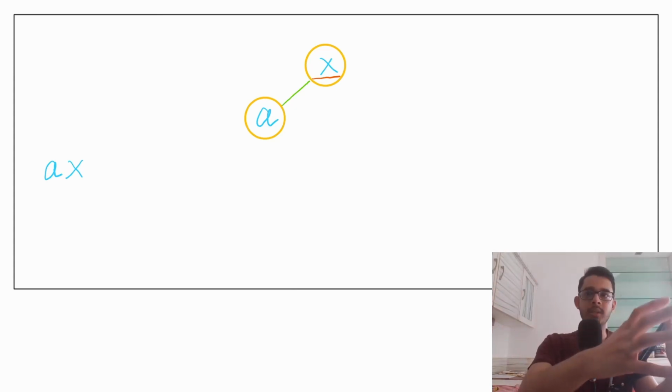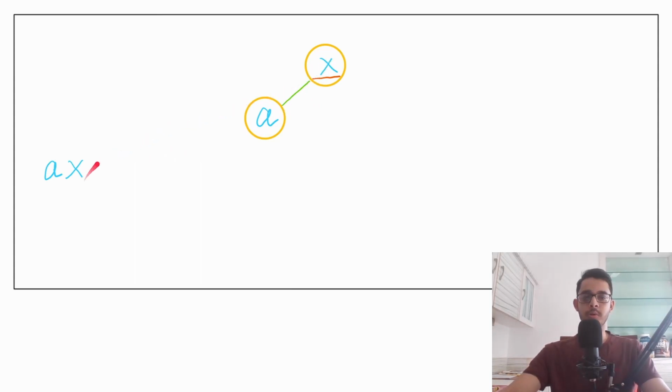And now we want X to follow it. And so we'll make X a child of A. Now X also marks the end of this particular word. So we'll mark it with an orange line at the bottom, saying that at this point, we're completed with this word.